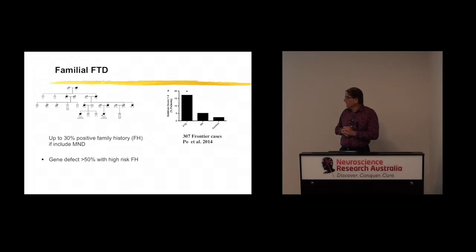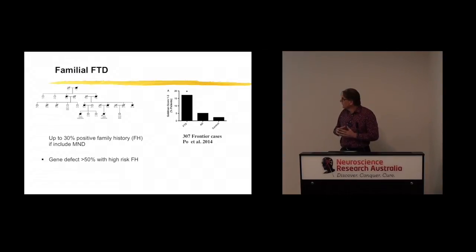And now, in families with a strong family history, we can detect a gene defect in a high proportion, certainly over 50%. This just shows our series of cases. We had seen 307 patients and collected detailed family histories in all these individuals.